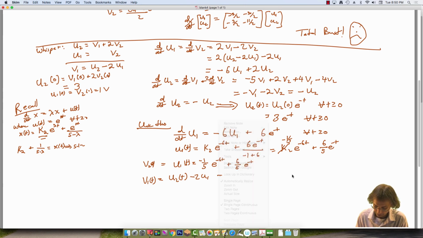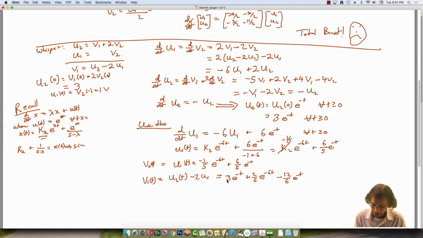This is equal to 3 e to the minus t from before, minus 2 times this, so minus becomes a plus 2/5 e to the minus 6t, minus 2 times 6/5 is minus 12/5 e to the minus t.